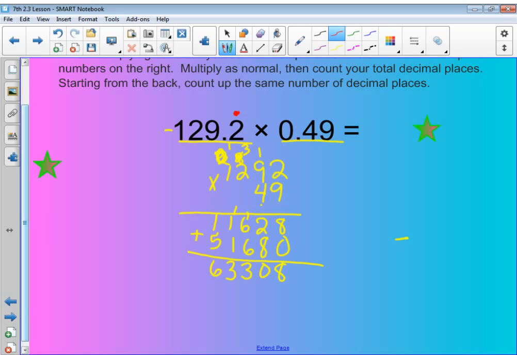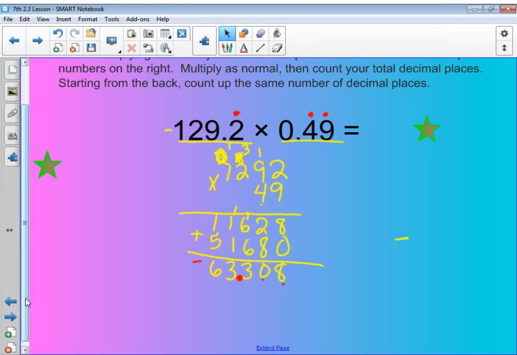We had 1, 2, 3 numbers. So I need to do the same thing in my answer. So I need to have 3 numbers. 1, 2, 3. My decimal is going to go right here. So my final answer is 63.308. And that would be a negative because we said it was going to be a negative answer.